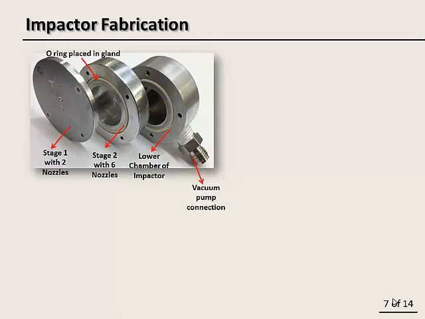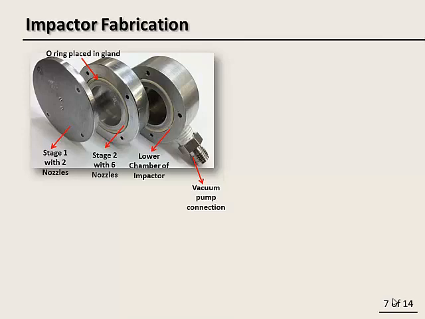We designed these impactor parts and machined them out of aluminum. This is the first stage with 2 nozzles, each 250 microns.